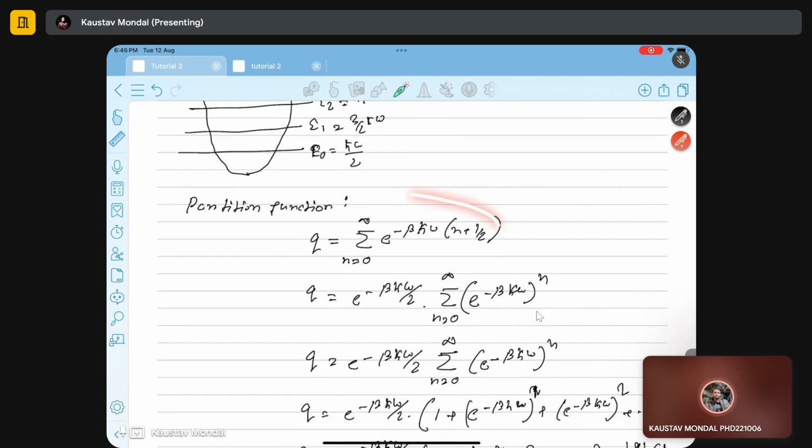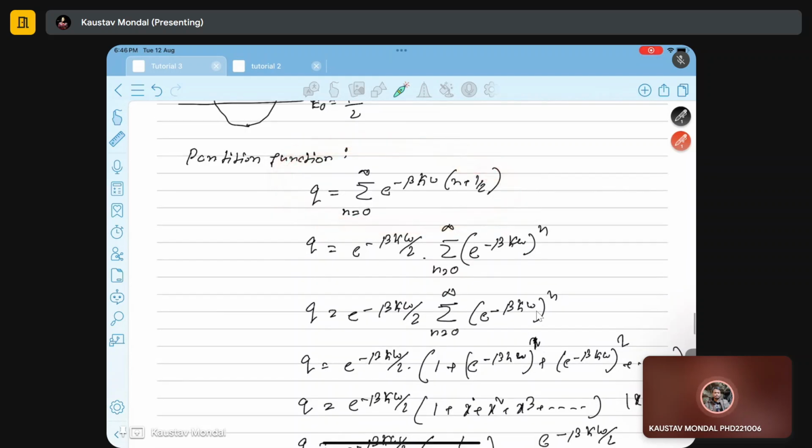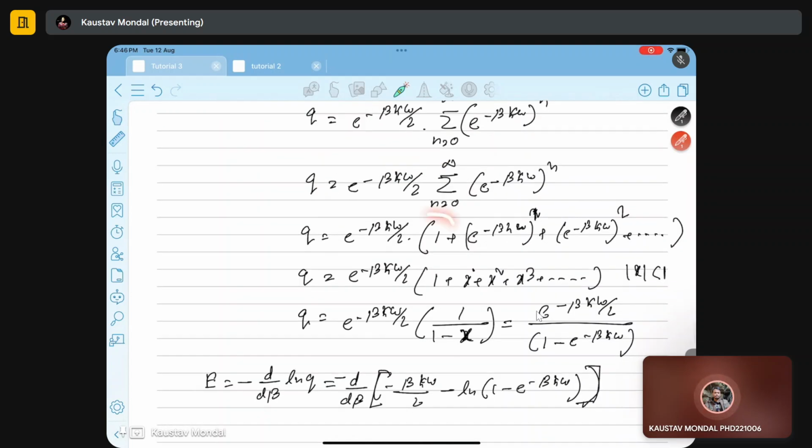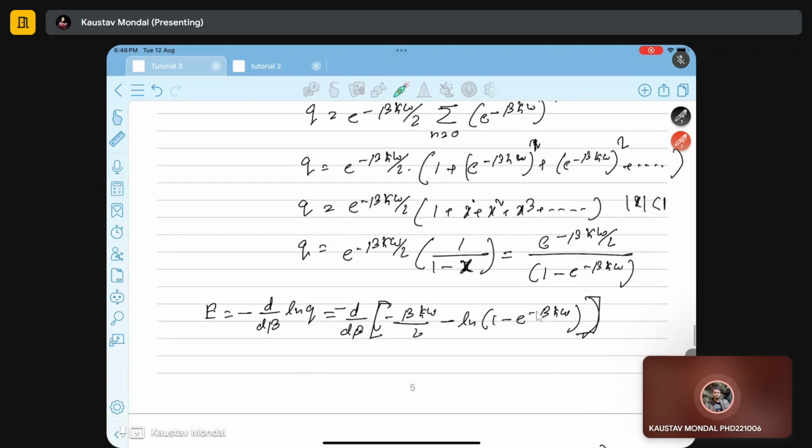We do the summation over the energy state n in order to find the partition function, and from there we got this infinite geometric series. Then we know the summation of the converging infinite geometric series, and we got this expression in closed form, which is basically this.